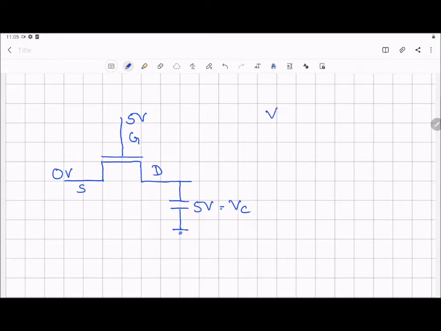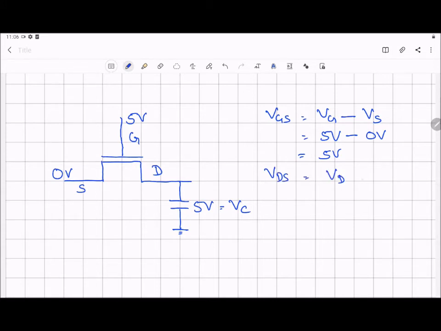So now we have VGS equal to VG minus VS, 5 volt minus 0 volt, is equal to 5 volt, and it is never changing. It is always fixed because the voltage at source is not going to change.